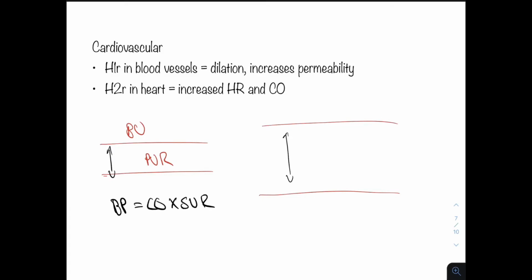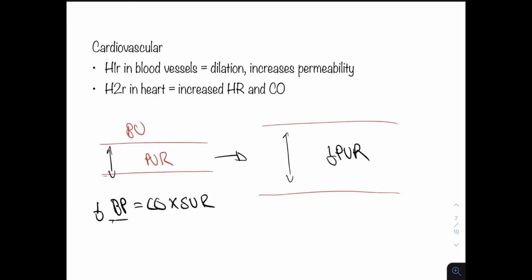So if the blood vessel dilates, it increases in size and thus decreases peripheral vascular resistance and thus decreases blood pressure. So this is very important. Histamine causes dilation of the blood vessels, which results in decrease in peripheral vascular resistance, which in essence is systemic vascular resistance, and this in turn results in decreased blood pressure or hypotension. So this is one mechanism by which anaphylaxis results in hypotension.